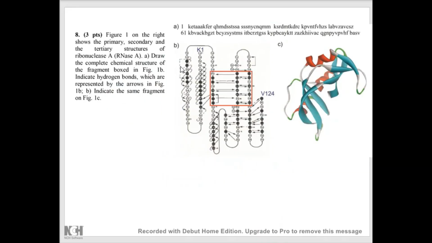So please keep in mind that these arrows shown here indicate only hydrogen bonds found in the backbone. No side chains are involved in these hydrogen bond formations. So that's the definition of secondary structure.